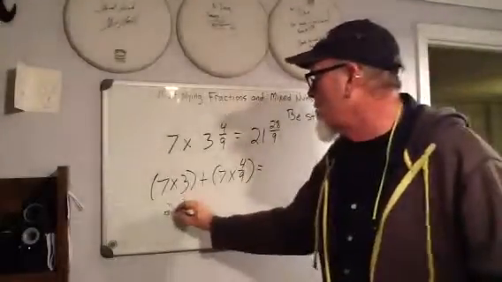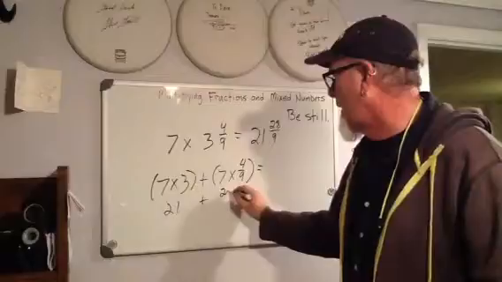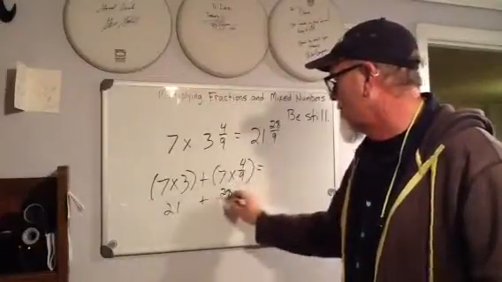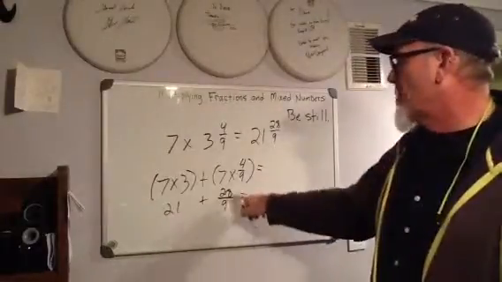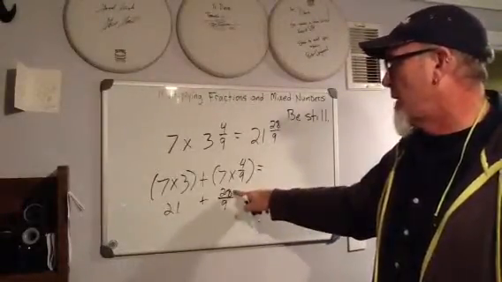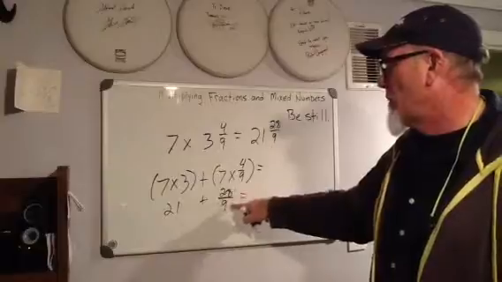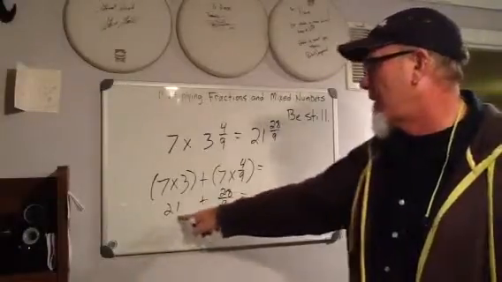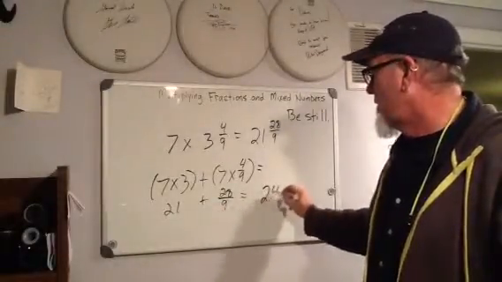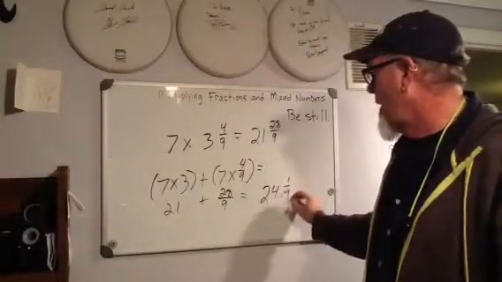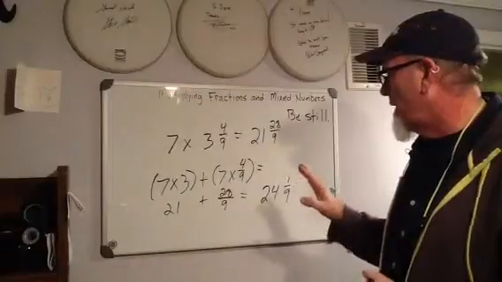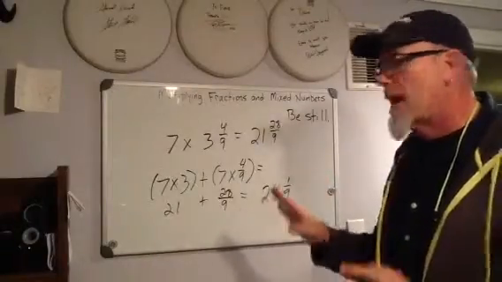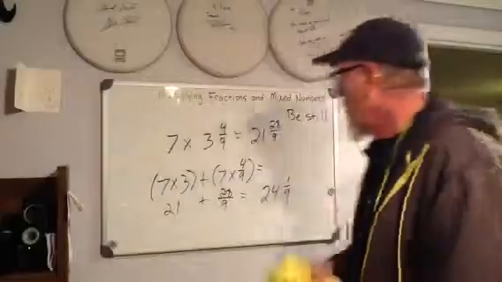We're going to get 21 and 28, because 7 times 4 is 28, 28/9 equals, now I can get 3 9s into 28, and that would be 27, so there would be 1/9 left over. So I can add those 3 to here. That would equal 24 and 1/9.